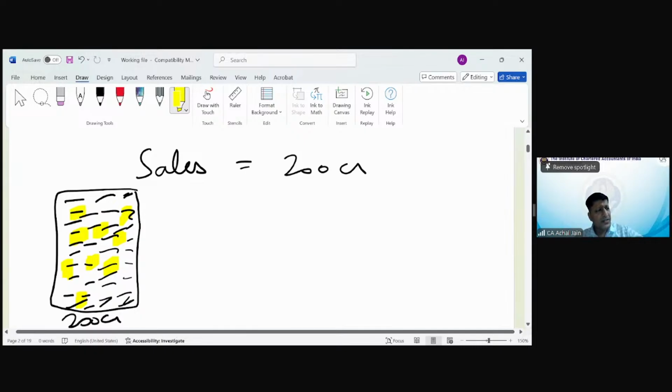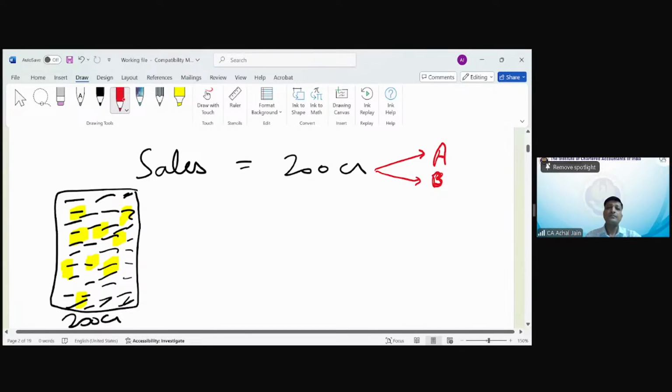Let's try to understand that. One, the company is dealing in two products. The sale comprises two products, product A and product B. So the company is selling only two products. Fine.